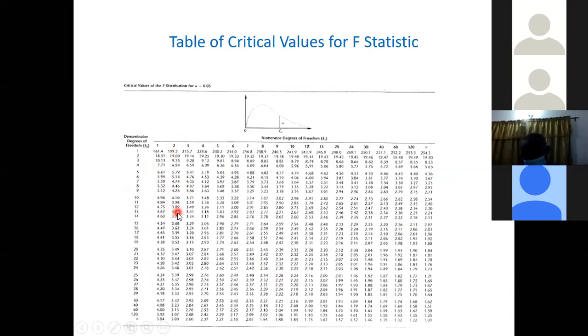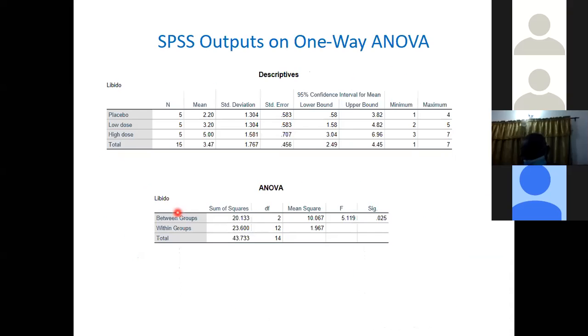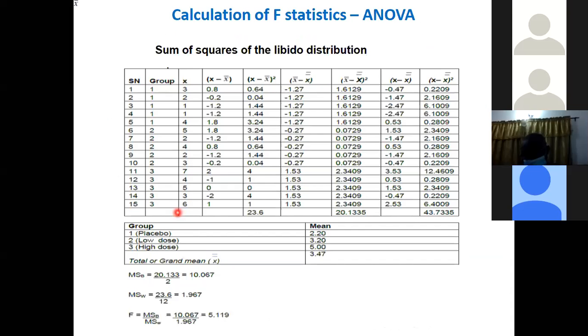So the critical value for those 2 degrees of freedom is 3.89. And what we calculated is 5.119, showing that statistically, because it's higher than the critical value, it is significant. That's how to calculate. Very simple.